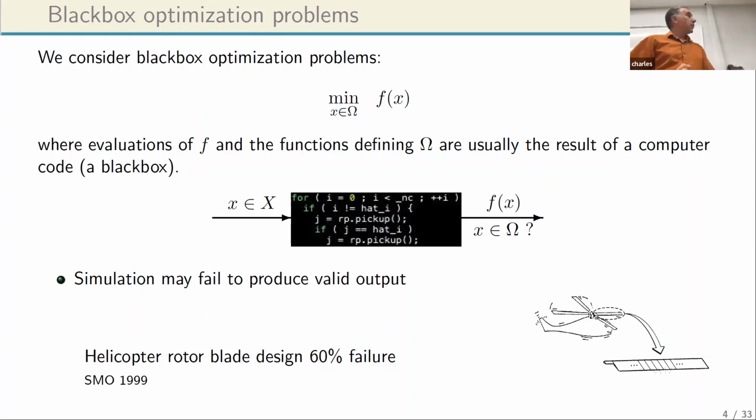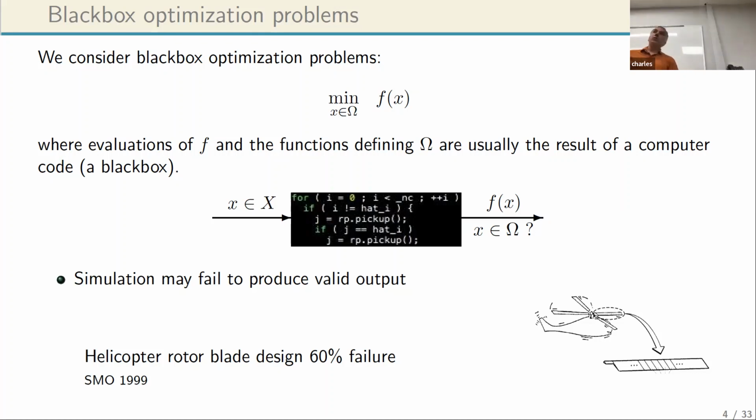There was a problem at Boeing in helicopter rotor blade design, where 60% of the time, the code produced by the engineer failed to return a value, which is not that surprising because when they conceive the code, they conceive it to be in nice working condition. The variables must satisfy some reasonable conditions, and they don't tell us the constraints that define these reasonable conditions.